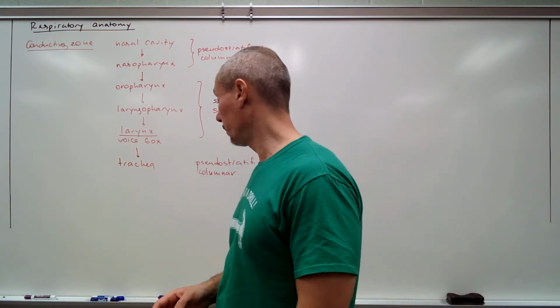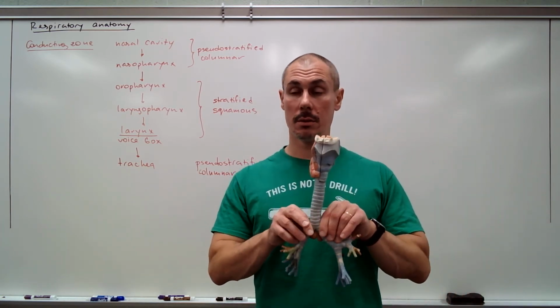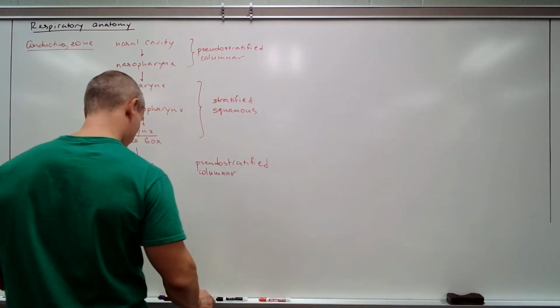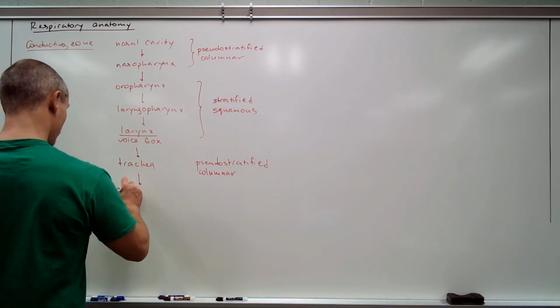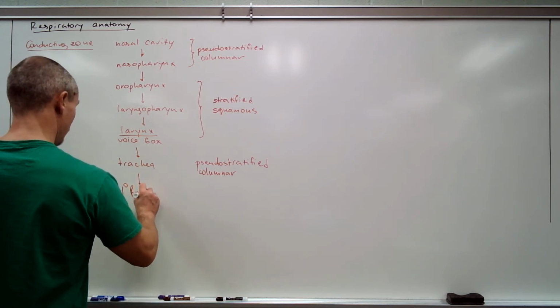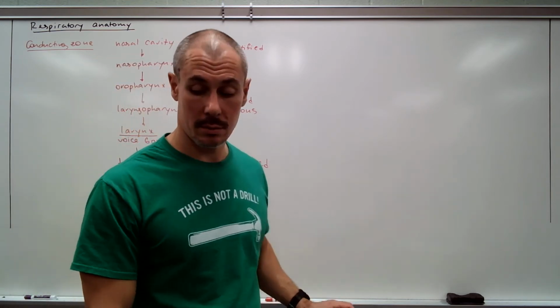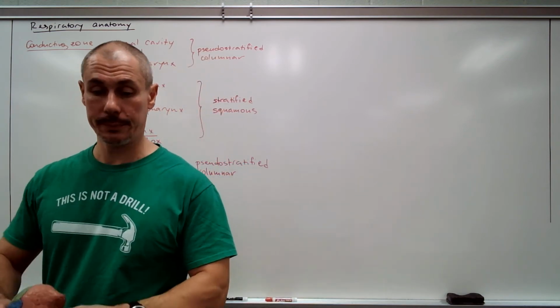So the trachea goes on and on down, and branches here into two primary bronchi. Still a conducting zone. So these primary bronchi essentially feed into the right and left lung, okay?